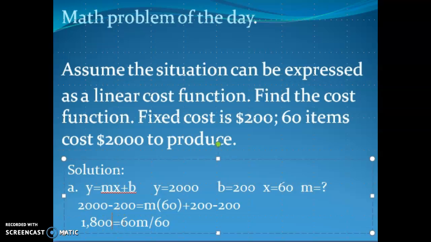Since we divide 60 in the right equation, we need to divide in the left equation with the same number. So 1,800 divided by 60 would give you 30, right? 30 times 60 is 1,800. So 30 is equal to m.